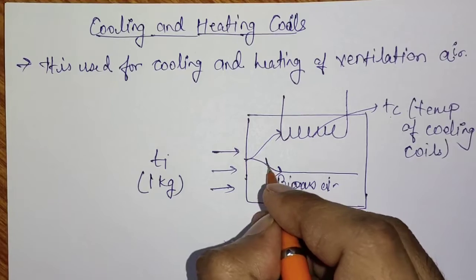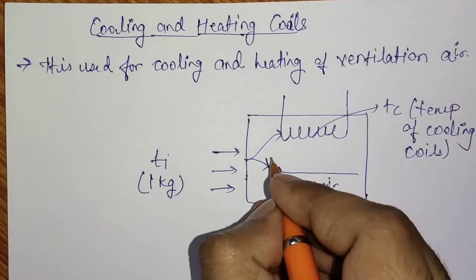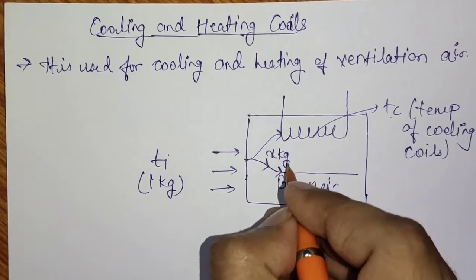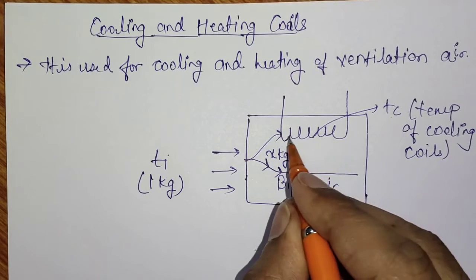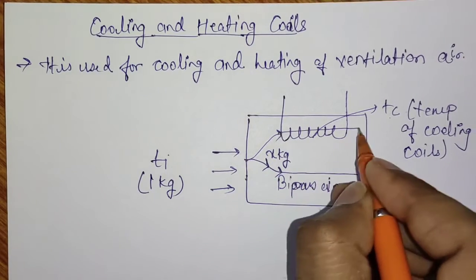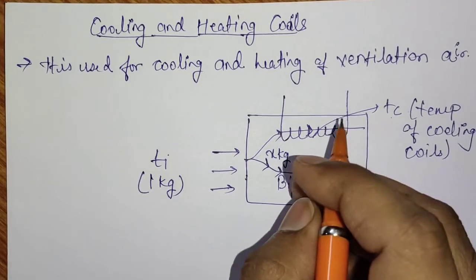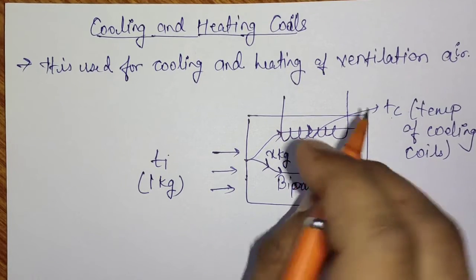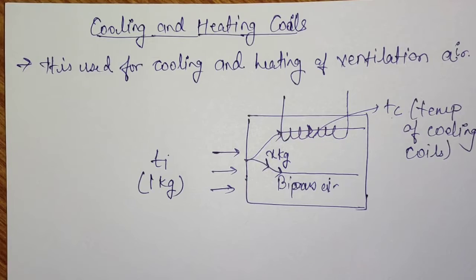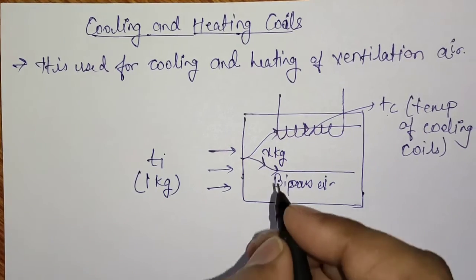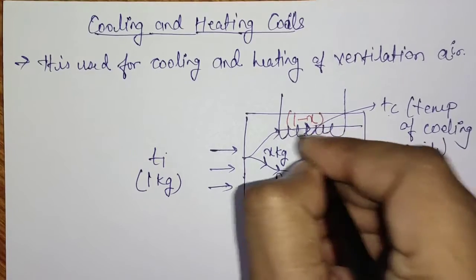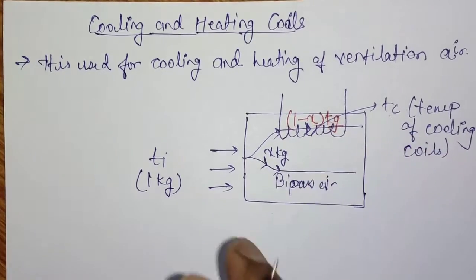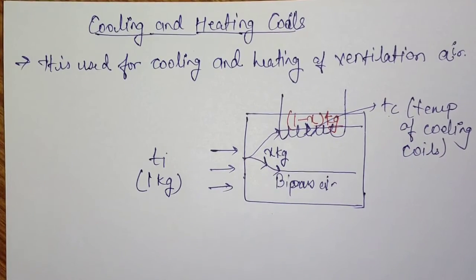Let us say, out of the 1 kg of air, x kg is bypassing and not coming in contact with the cooling coil, while the rest, 1 minus x kg, comes in contact with the cooling coil and cools down.